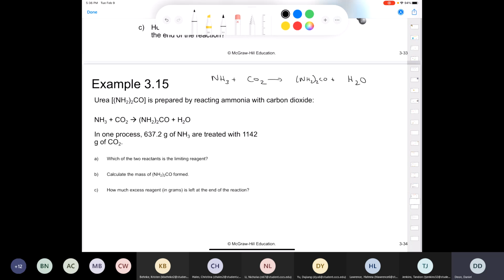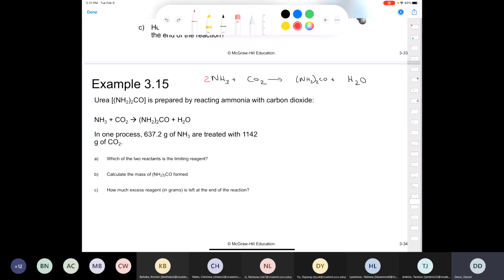If we want to balance that out, you notice that here we have 2 nitrogens, and here we only have 1. So I'll put a 2 there. Now on this side, we have a total of 6 hydrogens. Here we have 4 plus 2, that's 6. And here we have 2 oxygens, here we have 2 oxygens. And we have 1 carbon and 1 carbon. There you go, my friends, balanced equation. That didn't take very long.